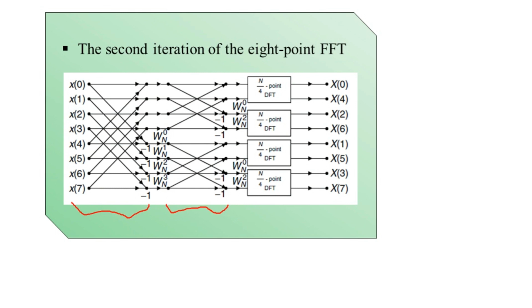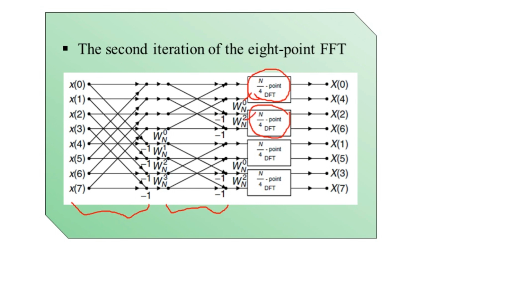So out of capital N by 2, here we make capital N by 4 DFTs applicable to the sequences manipulated with small a of n's here, whereas the capital N by 4 point DFTs we make the computations with the help of the twiddles W suffix capital N to the power 0 and 2 here.